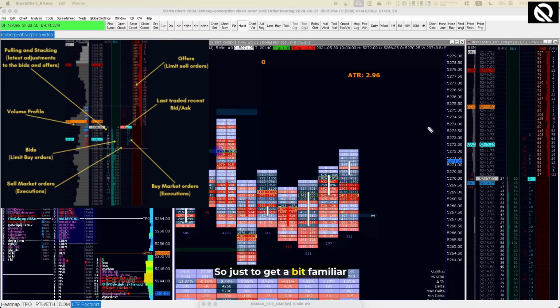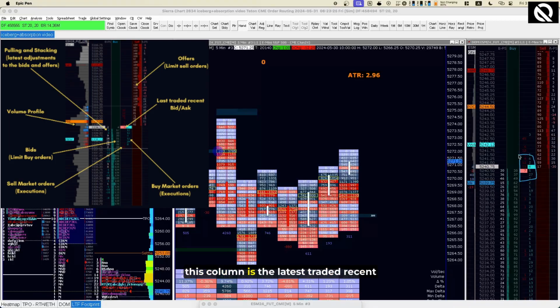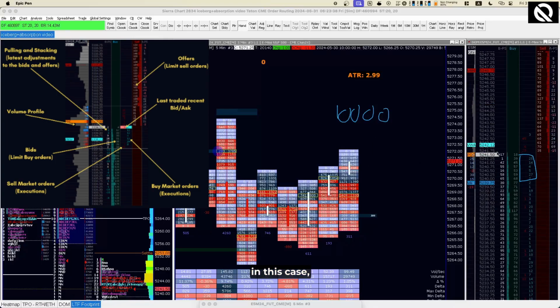So just to get a bit familiar with the DOM right here and what we are looking at on the DOM when this activity takes place. This column is the latest recent bid and ask, okay? So, for example, if one institution wants to execute 1,000 contracts, or 10K in this case, they will simply put on this column right here, which is offers, limit sellers, okay?